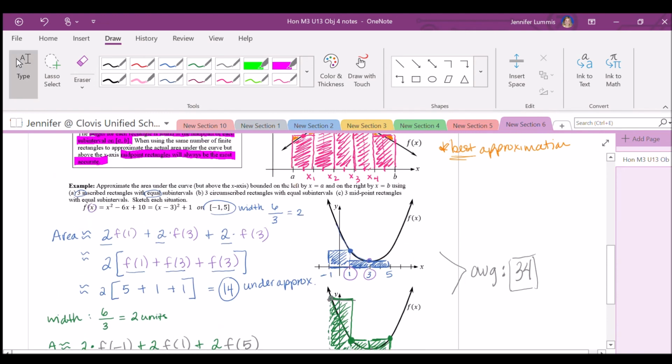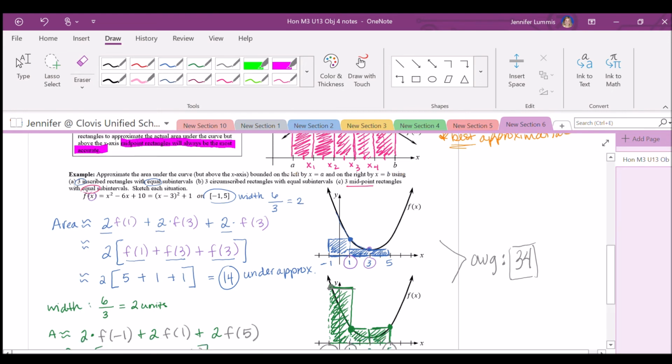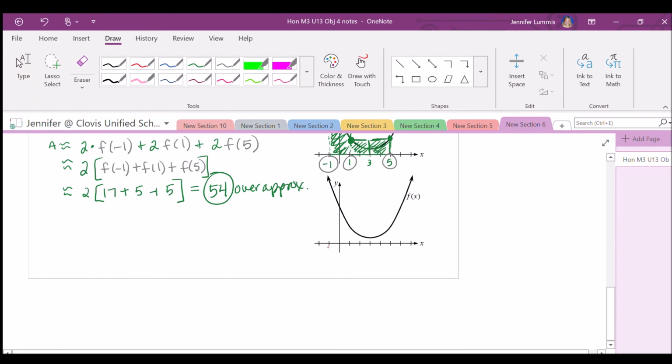So in part C, we're going to do midpoint rectangles, 3 of them, equally spaced. So from -1 to 1, from 1 to 3, and from 3 to 5. So in doing a midpoint rectangle, you're going to purposefully choose the middle of each interval.